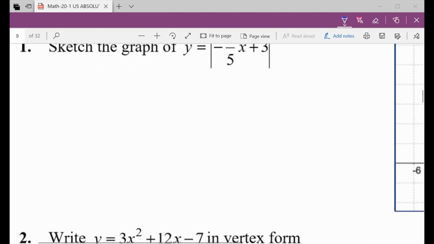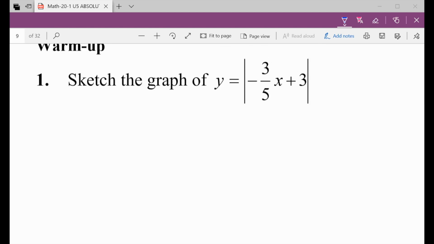So how do we get started here? We have a lot of information to get started with. And to get started, we're going to consider not the line of the absolute value of this function, but simply y equals negative 3/5 x plus 3. Because we can suss out a lot of information out of here, okay? So remembering the slope-intercept form of a line, we know that there is a y-intercept at plus 3.